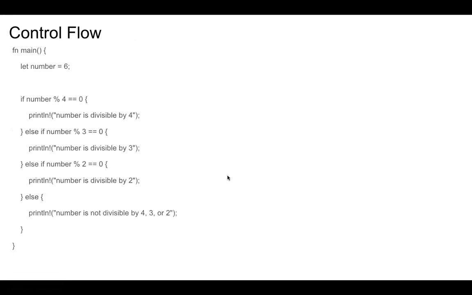Control flow, if else, like any other programming language. Important difference: in many programming languages, after if, the condition is in parentheses. But here, notice there is no parenthesis. Equality operator. Okay. So if the number is divisible by 4, it's simple, divisible by 4.